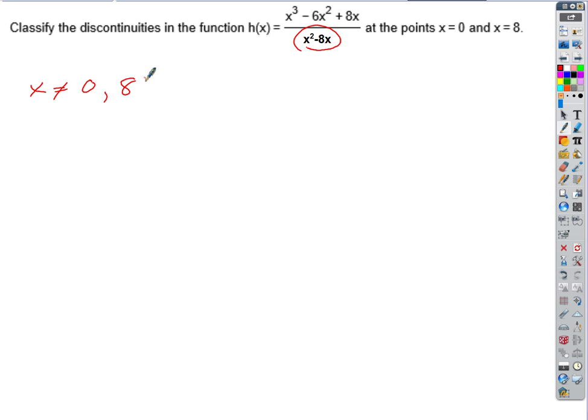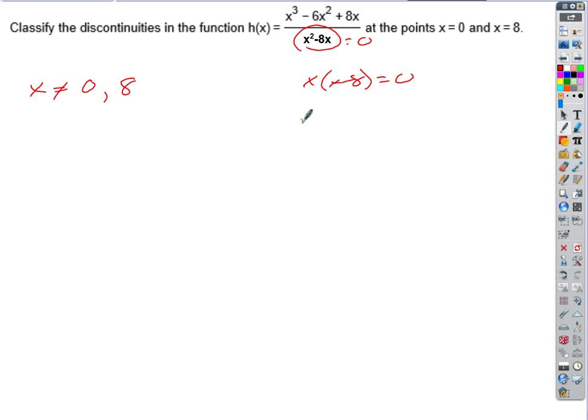Those are the zeros of the denominator, right? If I set the bottom equal to 0, I could just factor that, and I'd get 0 and 8 as the two zeros of the denominator. So those are my discontinuities, for sure. The function can't be defined there, so it has to be discontinuous.